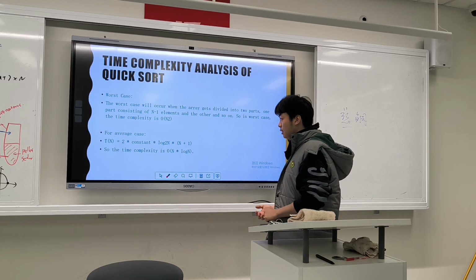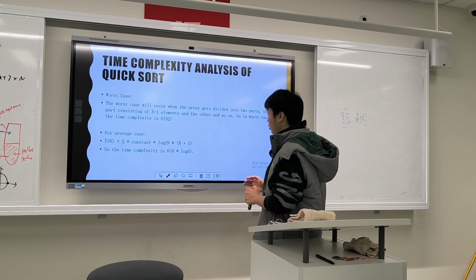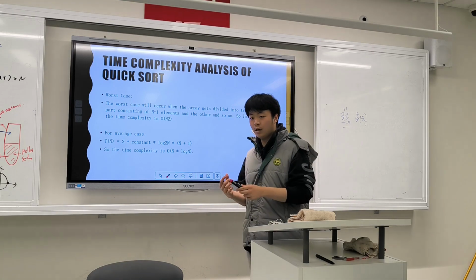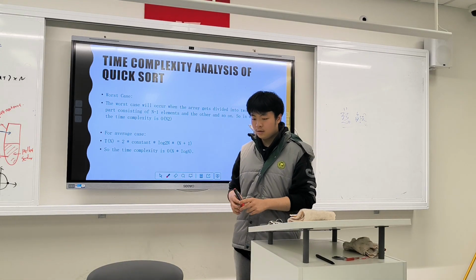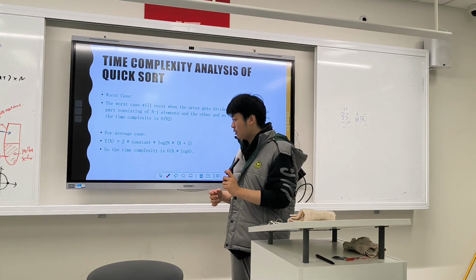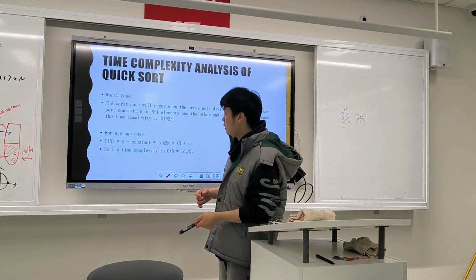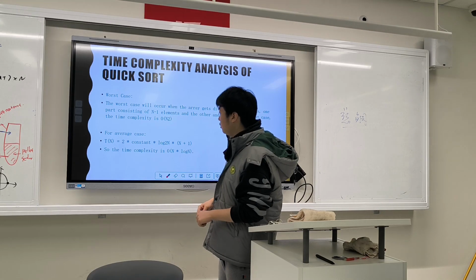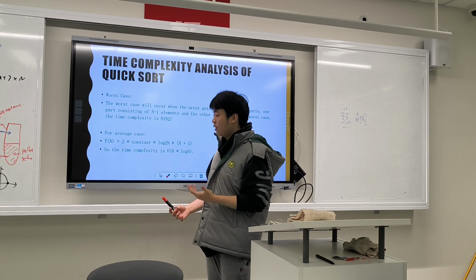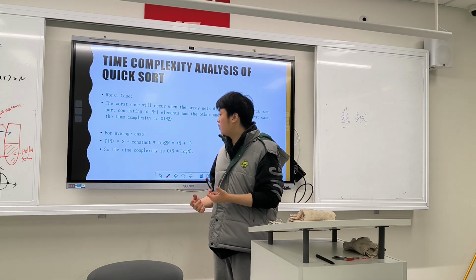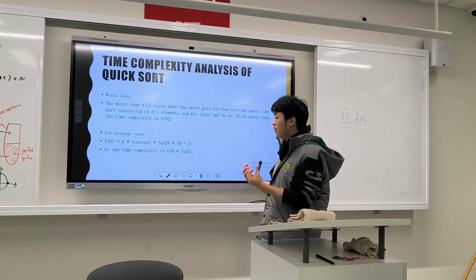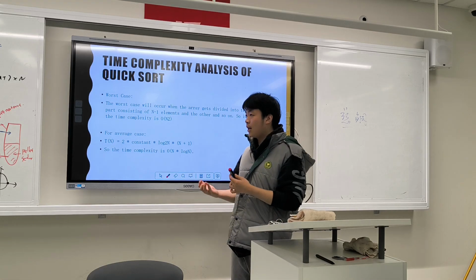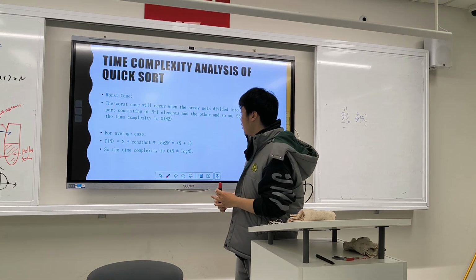In the worst case, the time complexity is O(n squared), because you have to keep dividing the array, and one of the subarrays you have divided into only contains one element. So you have to continue the process of picking one element out, like this. So it is O(n squared).